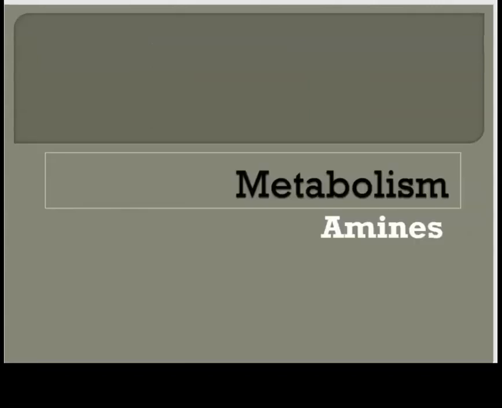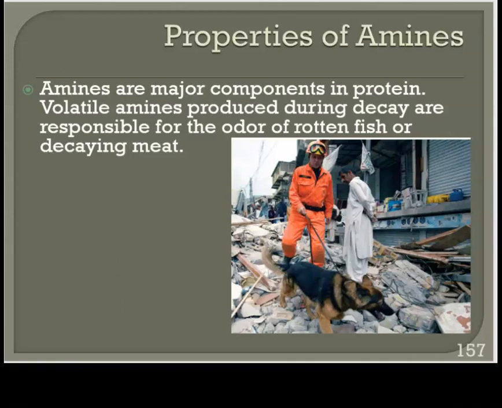I'm going to now go into amines and talk about some of their properties. They're major components of proteins. They're volatile amines. When they get smaller, they can aerosolize and smell really bad. If you smell something really nasty in a chemistry lab, it can be primary amines, which can have the scent of rotten fish or decaying meat.